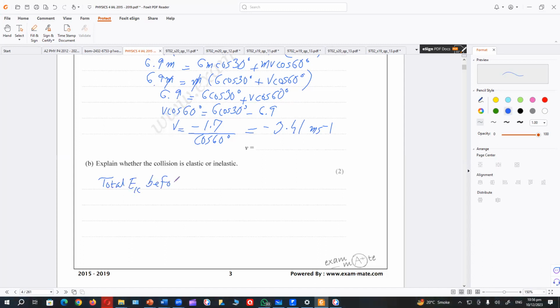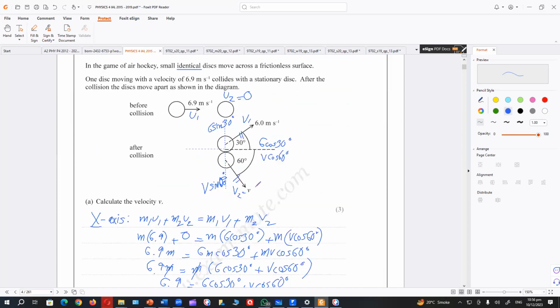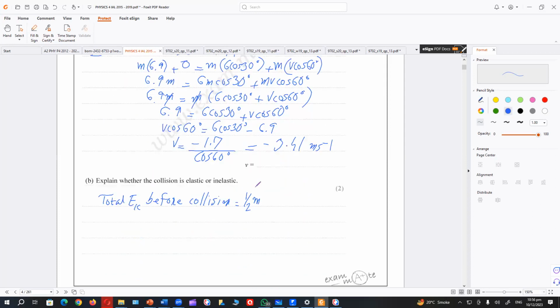What's the formula for EK? Half m v squared. So here I will do half m. I have two particles before collision. Look, one has 6.9 velocity and one has 0 velocity.